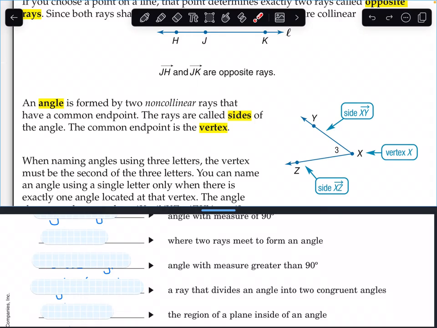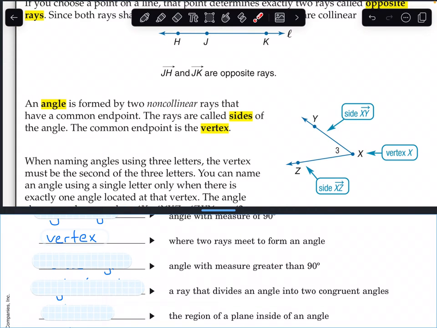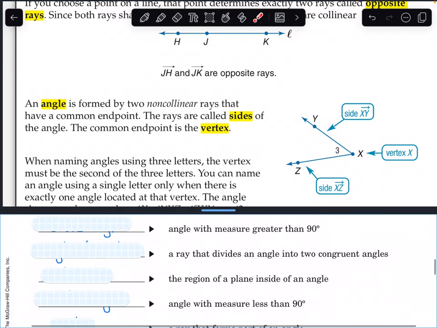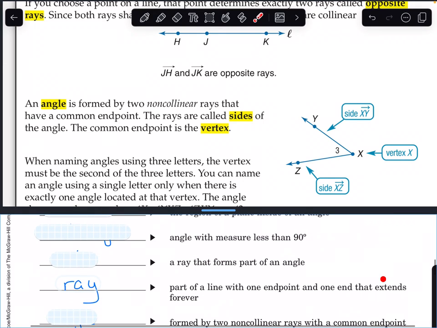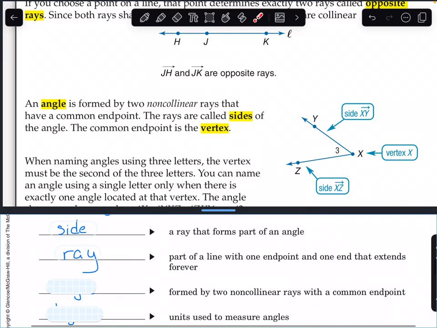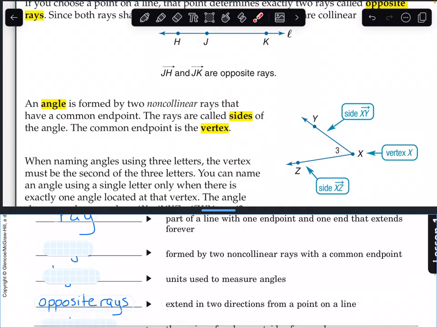I think that's the vertex. Angle with measure, a ray that divides, a region, no. Ray that forms part of an angle, that would be the side. And we got vertex, we got side. We need definition of angle itself. Here we go. Two non-collinear rays, common endpoint. That's the angle itself.